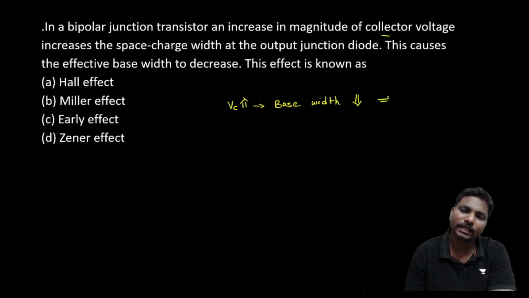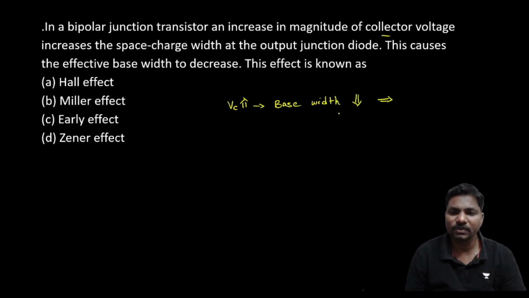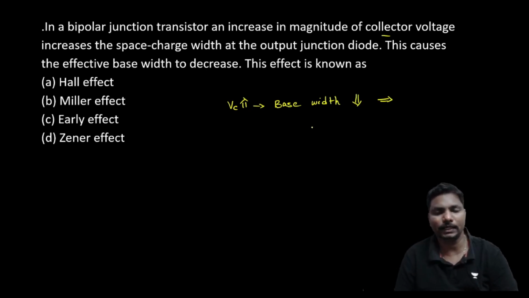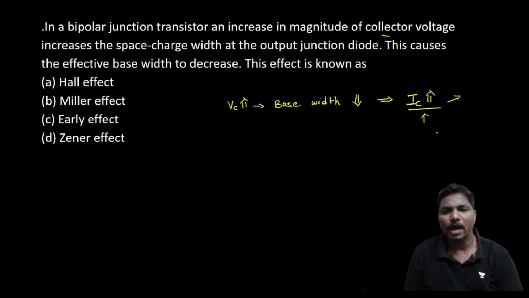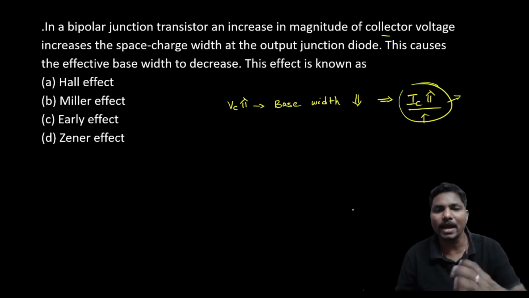As the base width decreases, what is happening, guys? As the base width decreases, current easily flows from emitter to collector, correct? Then the collector current increases. So it reaches its rated value early.